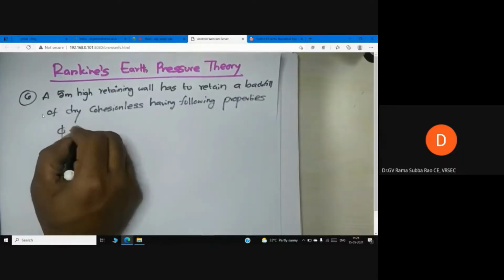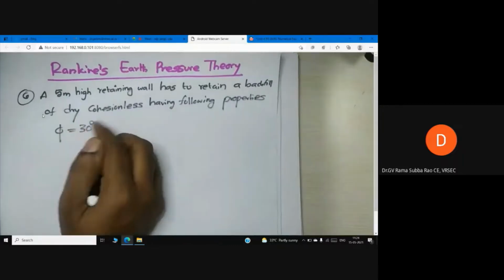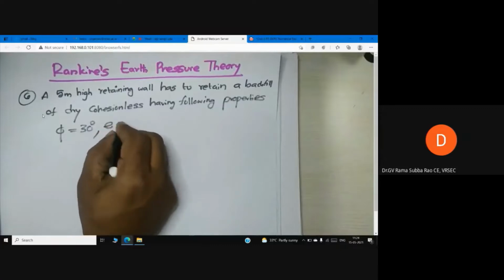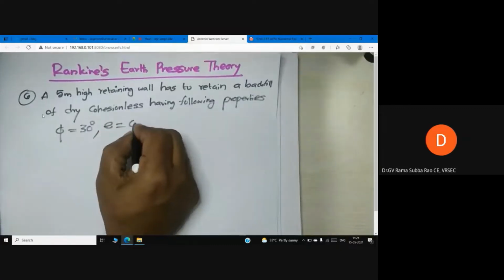Phi is equal to 30 degrees. Void ratio e is equal to 0.74.